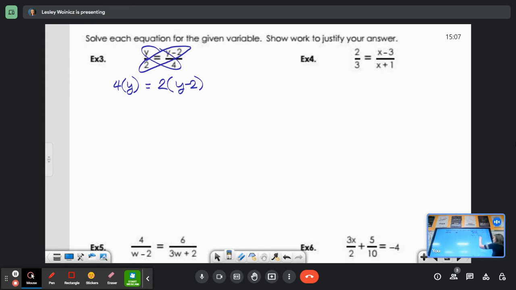So 4y is just 4y. 2 times y is 2y. 2 times negative 2 is negative 4. I want all my y's on one side. What do I do? Subtract them away. I have to subtract 2y from this side and then also from this side.